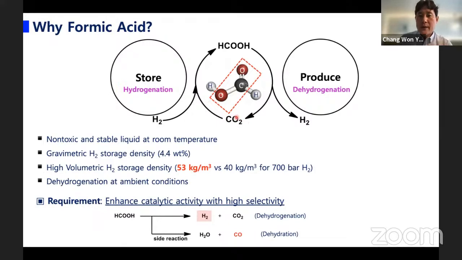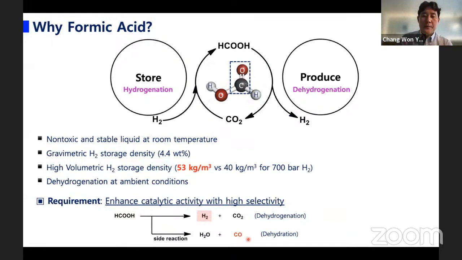But our catalyst can also proceed with this CH bond activation as well as the CO bond activation. Then we're going to produce water and carbon monoxide here. The problem is if we produce carbon monoxide, then we can't actually use this gas for fuel cell application.